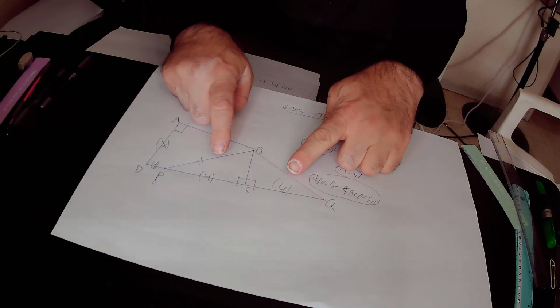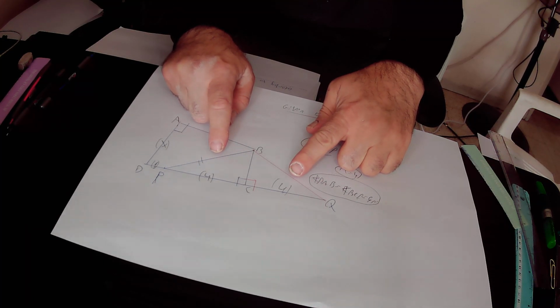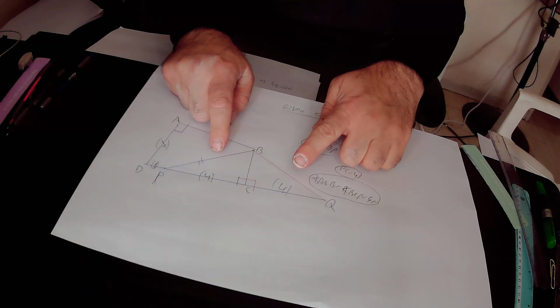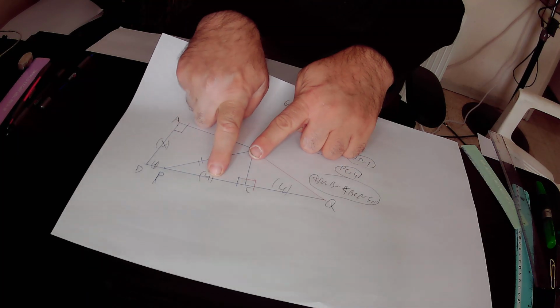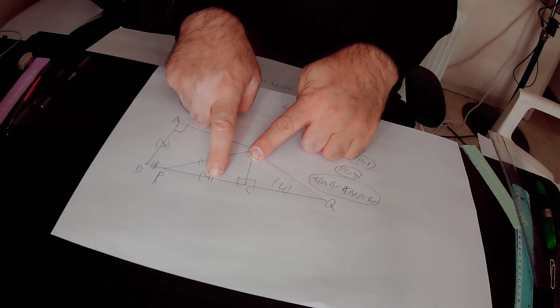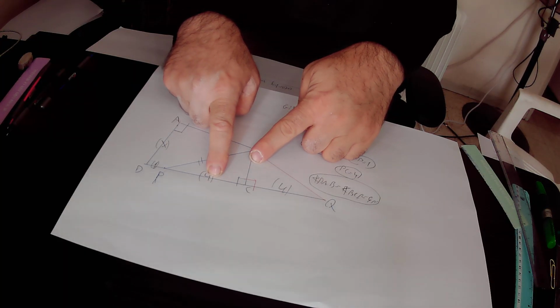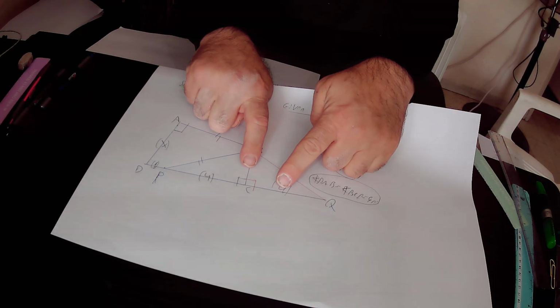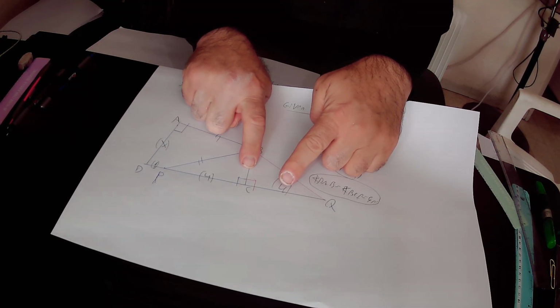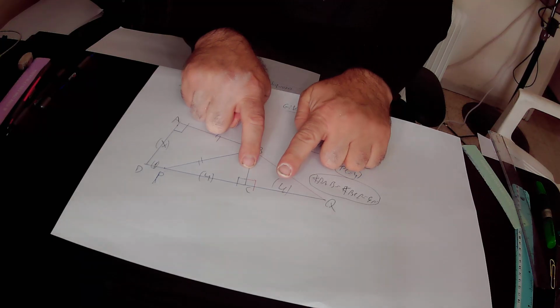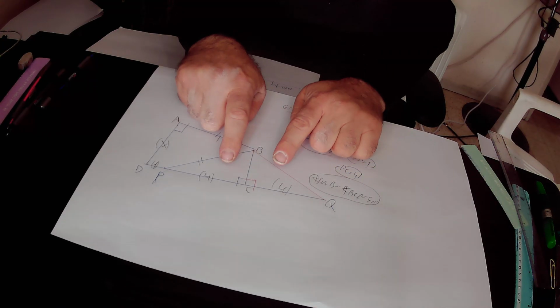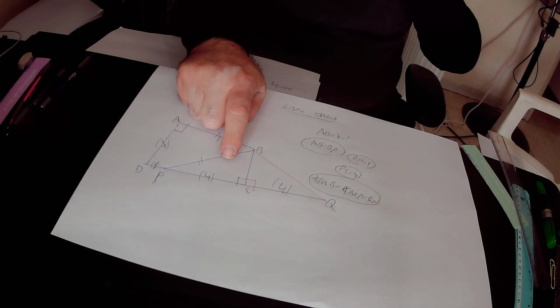Therefore, those two right triangles are congruent according to the side rule.